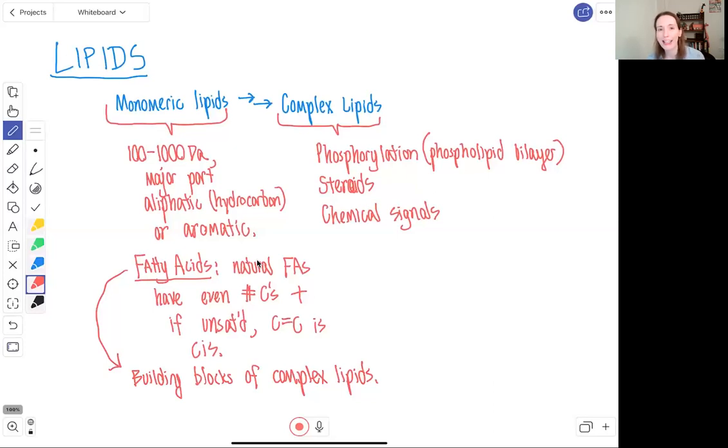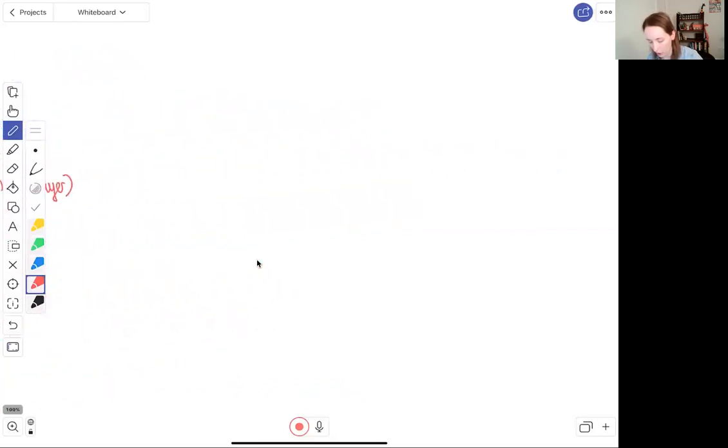And the way that the body stores fatty acids is through forming these structures called triglycerides. So triglycerides are how we store fatty acids for later use.